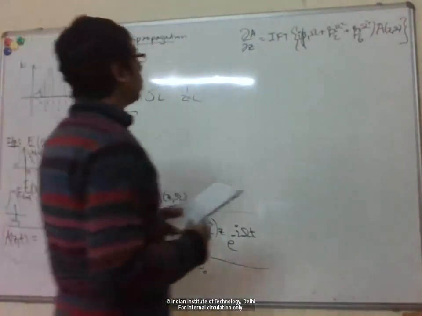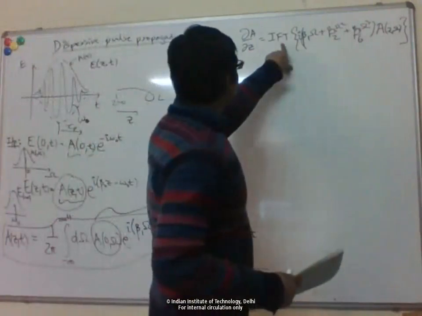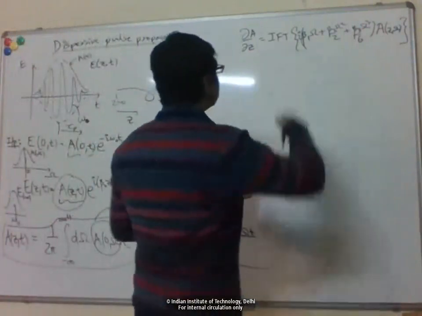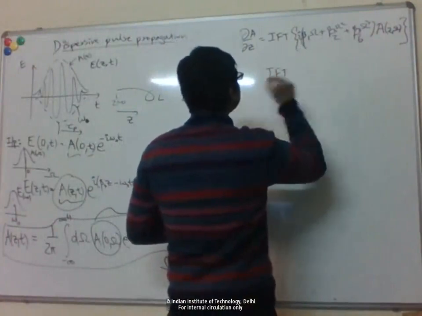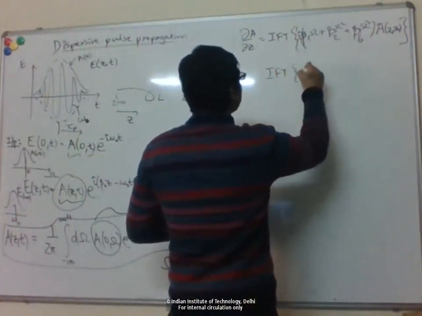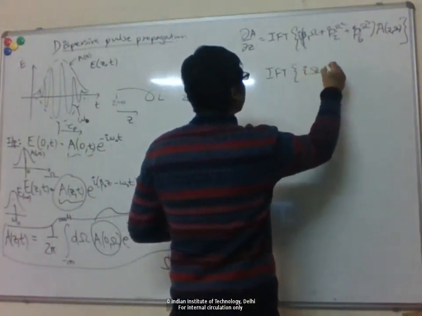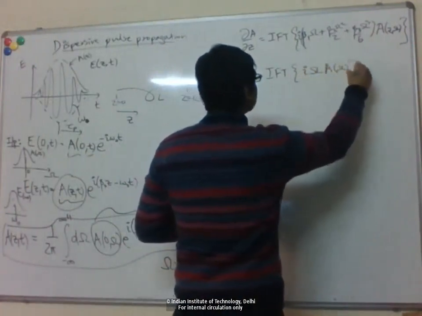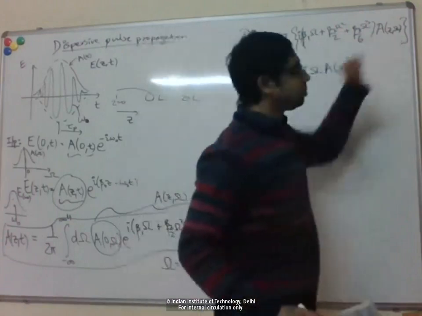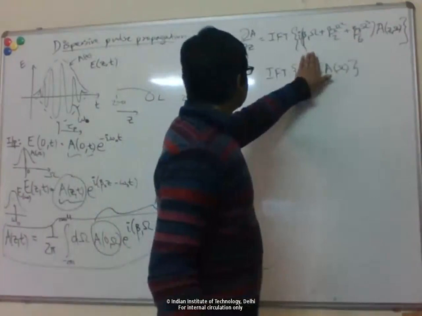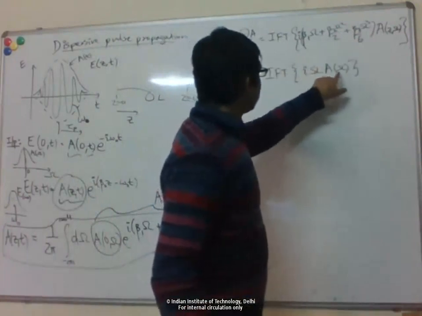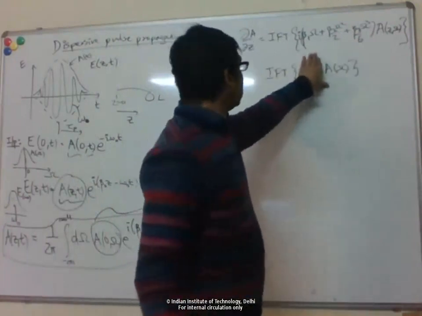Okay. So now you can see that I get terms like, for example, the first term, that's like the inverse Fourier transform of some i omega times A(omega). Right? The inverse Fourier transform of A(omega) is A(t), right?